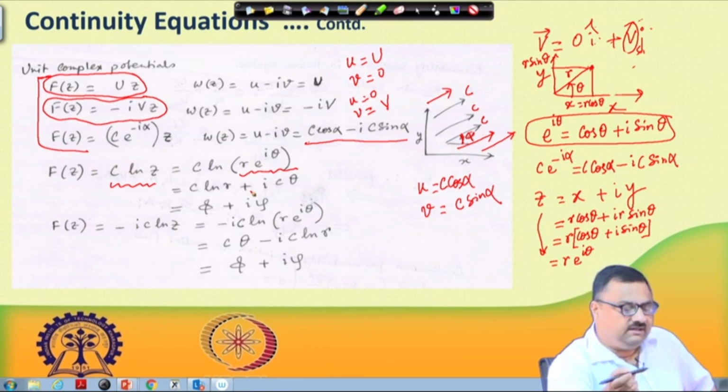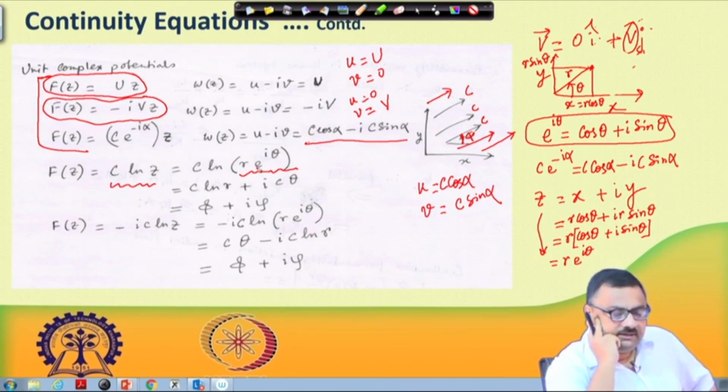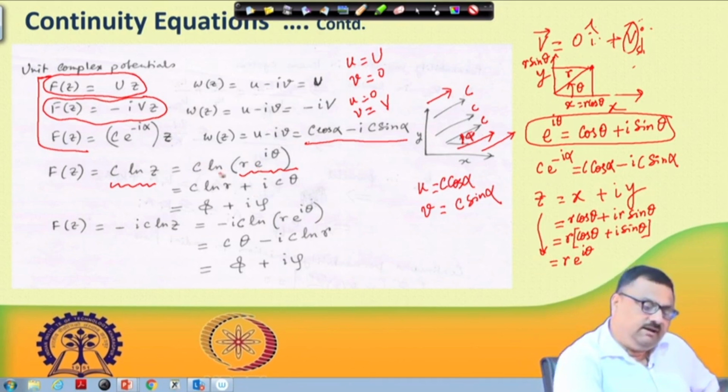So, we see here that f z is equal to C ln z. So, f z is equal to C ln z leads to C ln r e to the power I theta, and if we break it up, it becomes C ln r and C ln of e to the power I theta.